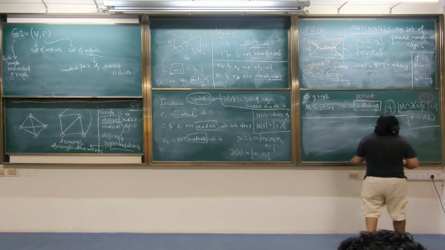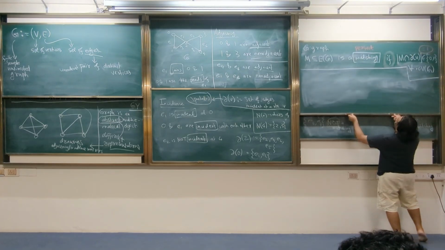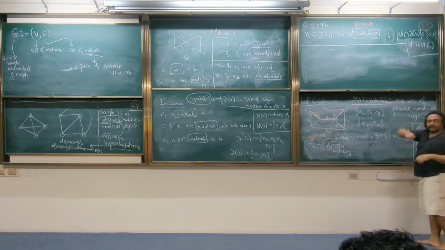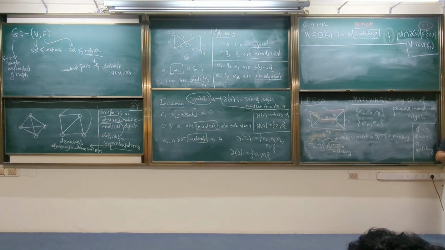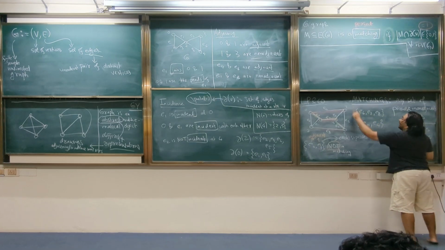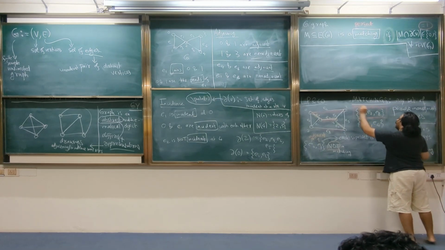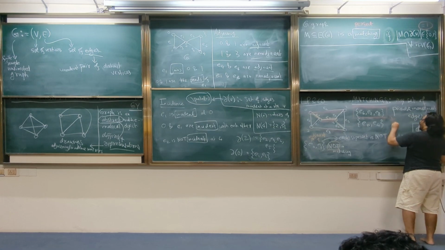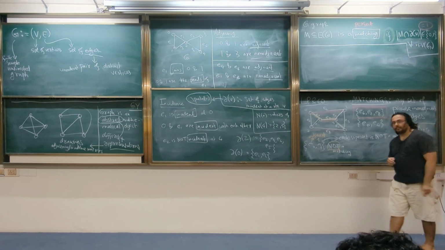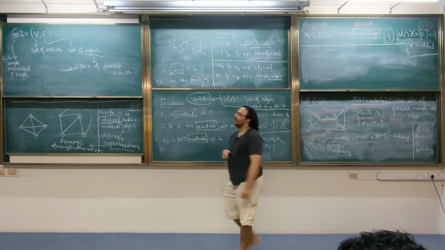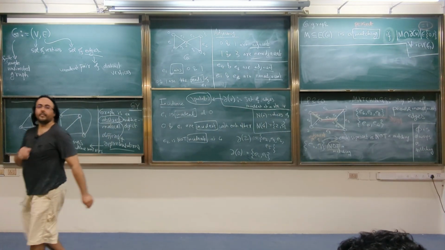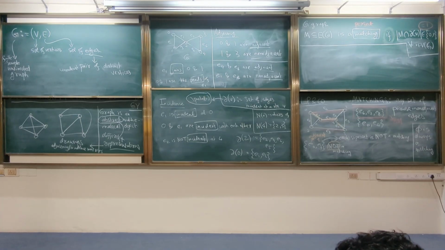So in this example, do you all agree that the pink one is a perfect matching? Yeah. Pink one is a perfect matching. And I shall abbreviate perfect matching to PM. Good.